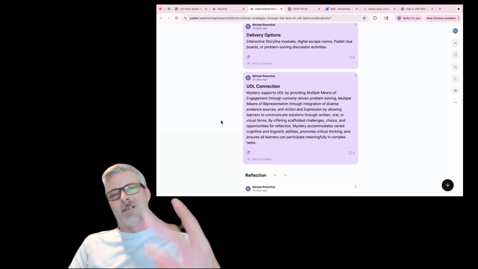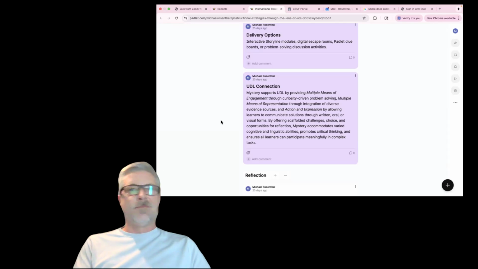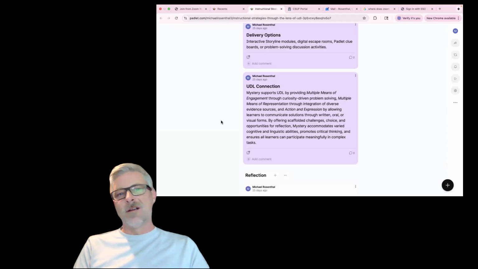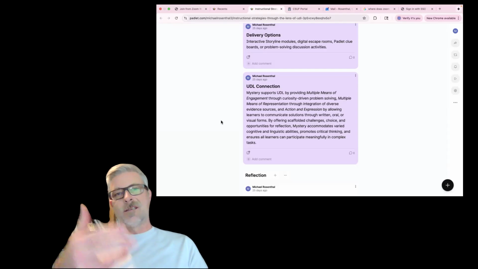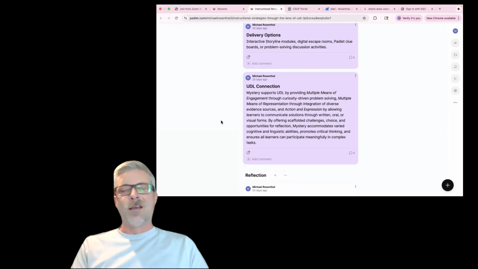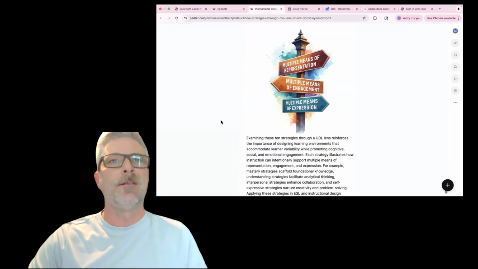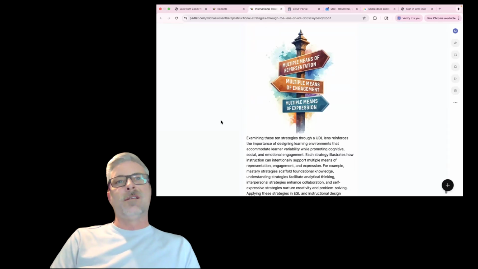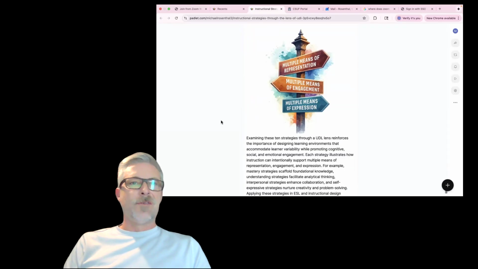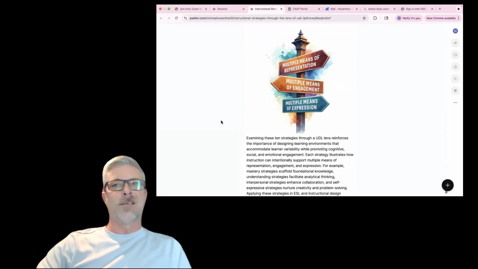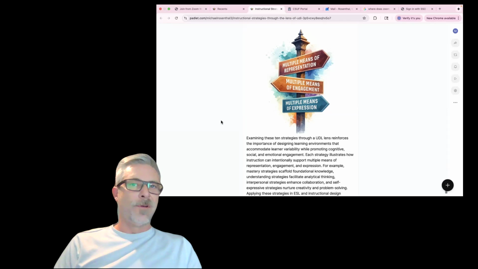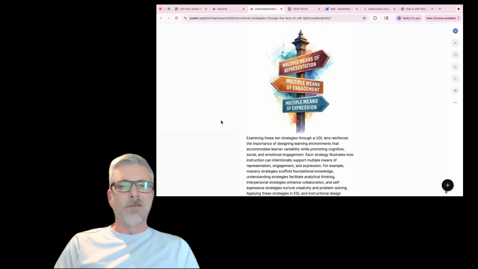So this option here really just hits the ball out of the park, so to speak, as far as UDL connections, because it hits all three major branches of UDL in that way. So yeah, I really enjoyed going through this, and overall my goal was to design the Padlet that feels intentional, inclusive, and aligned with real-world instructional design practices while showing a deep understanding of both the strategies and the UDL principles.